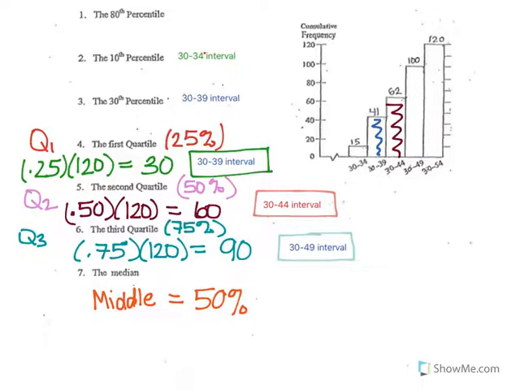Now, the 50% talks about the second quartile. So the median is the same thing as quartile 2. So question 5 and question 7 are asking for the same thing. So the important thing to remember here is that median and Q2 are the same.